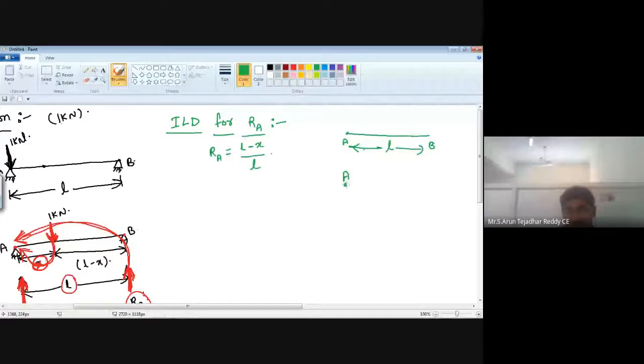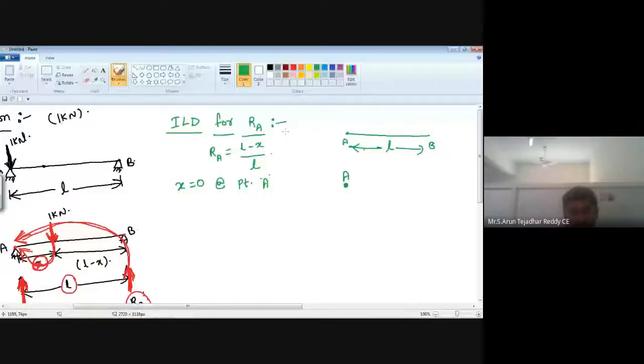So I can consider x is equal to 0 at point A, because this is our initial point, starting point. So we don't have any distance. So x is equal to 0 at point A. Now substitute this x equal to 0 value in the above equation.